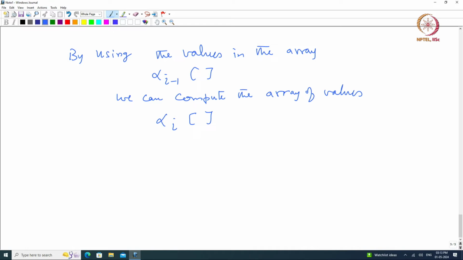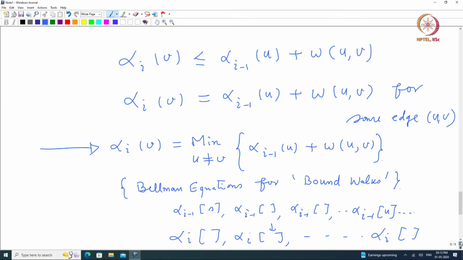So, how do we compute this? Here is a very simple pseudo code based on the Bellman equation that we have seen. Here is the Bellman equation, I will show once again.